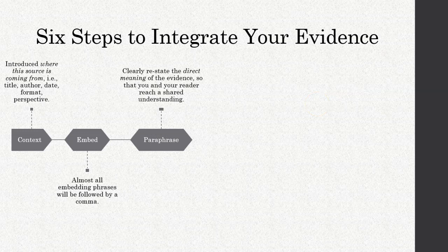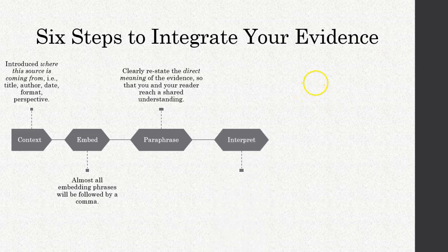This is where you clearly restate the direct, obvious surface level of the quote that you've given, so that your reader and you both have the same understanding of what this means. This is the "as he himself puts it" part, where we explain the meaning of a quote.